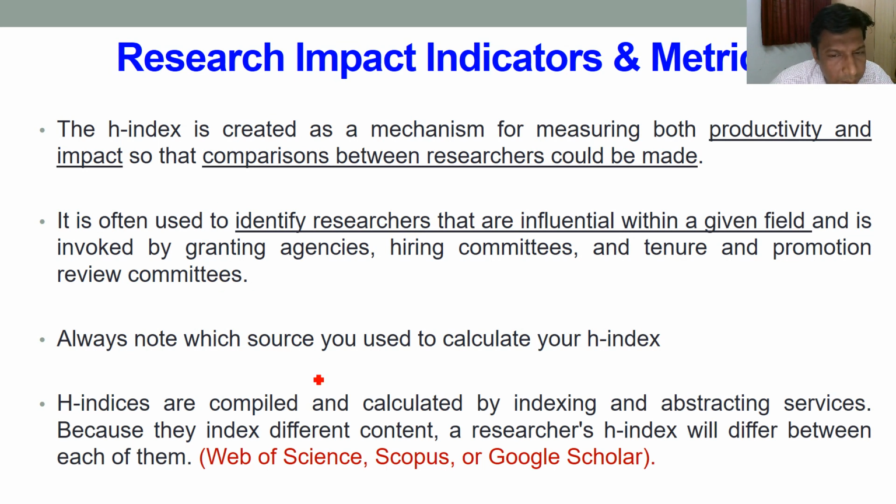H index is compiled and calculated by indexing and abstracting systems. As I told you initially, there are three database systems: Web of Science, Scopus, and Google Scholar. Google Scholar considers all types of citations, that is subscribed journals, Scopus index, Web of Science index, paid journals, or any article which is citing your research.